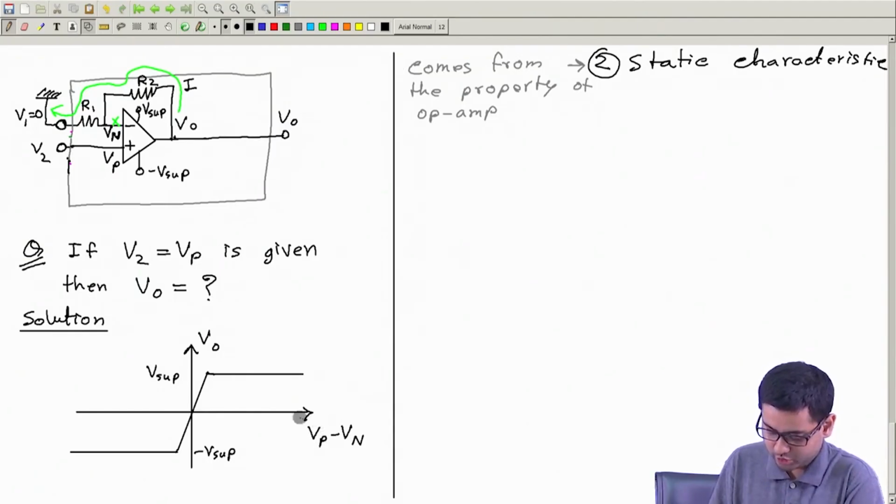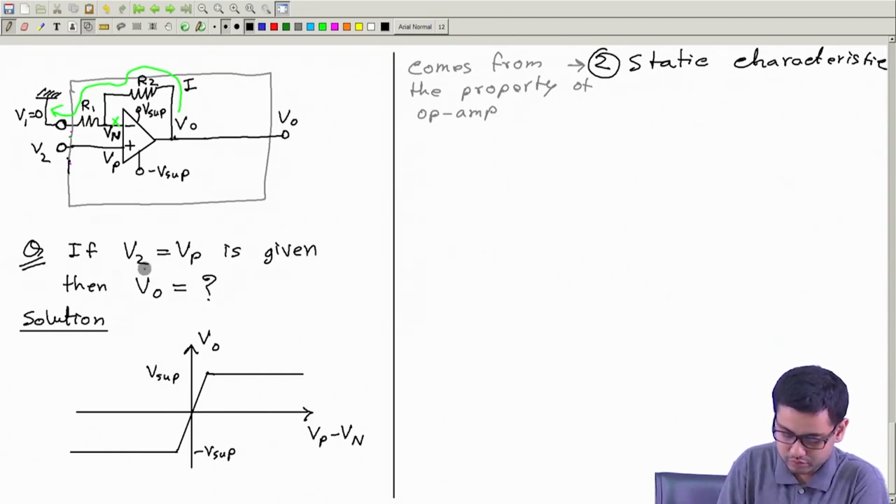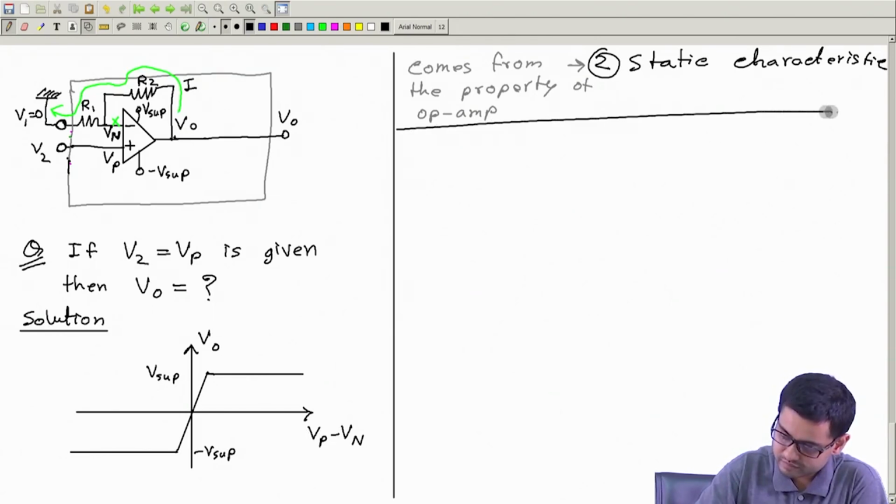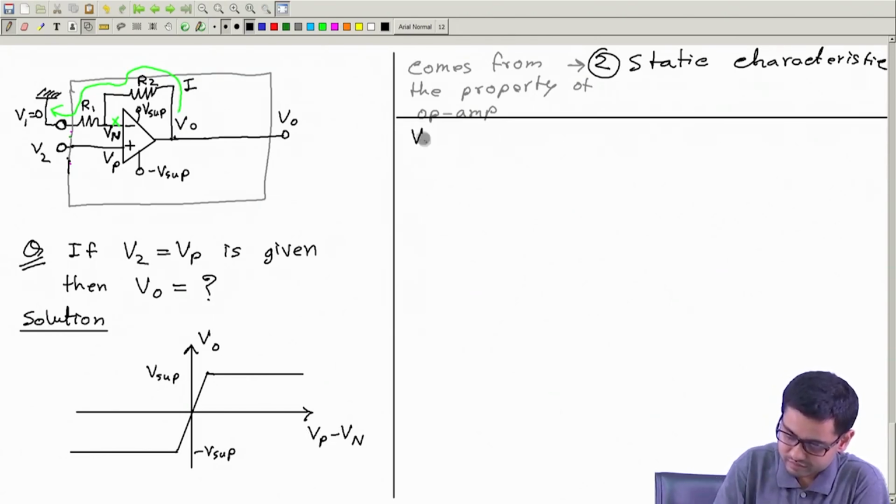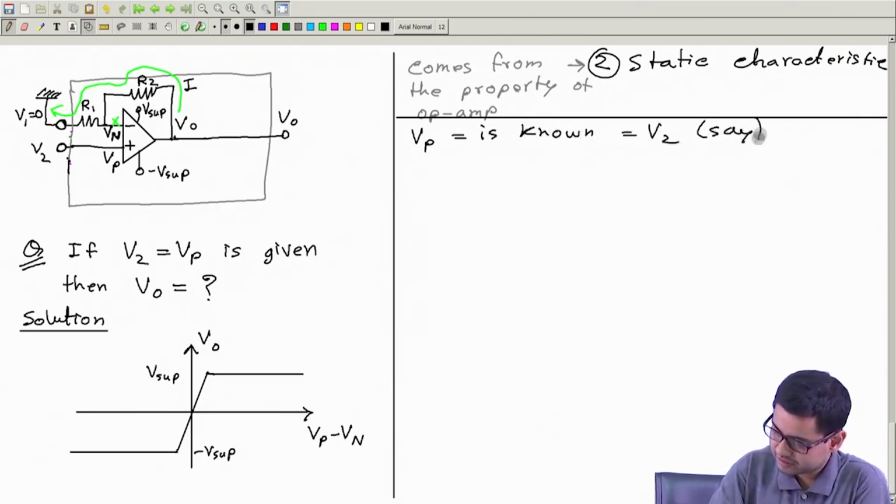So Vp is known, so it's a known value, it's like a known number. Okay, say Vp is equal to V2. Okay, so Vp is known, equal to V2 sec. Okay, and Vn is unknown.